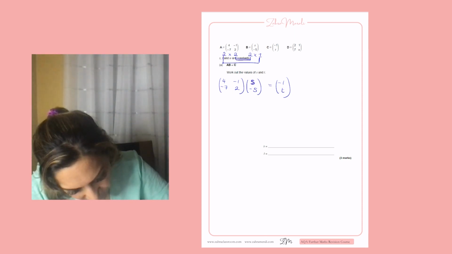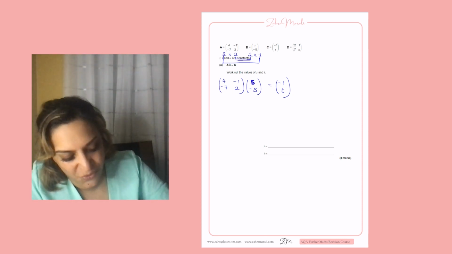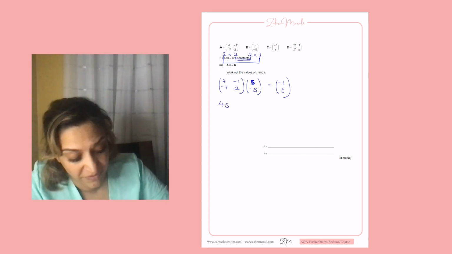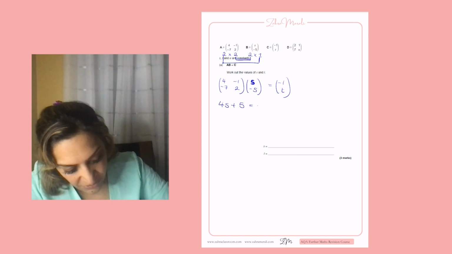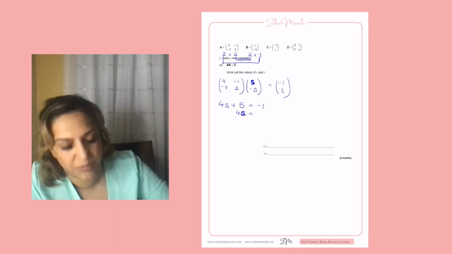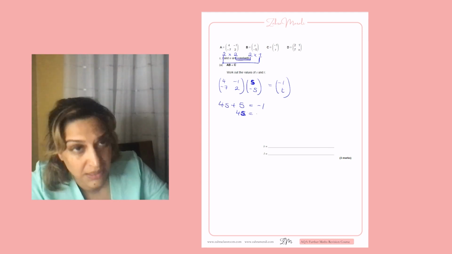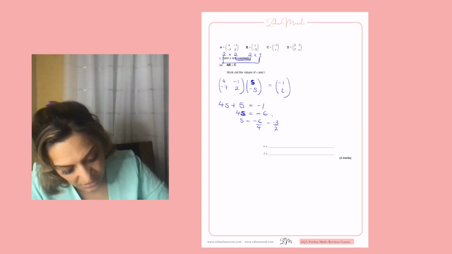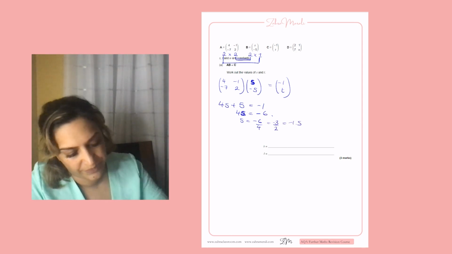Let's write that more clearly, s. So you've got 4s minus 1 times minus 5, making plus 5, equals minus 1. We can solve that quickly. Bring the 5 onto the other side, so we get minus 6. So s is minus 6 over 4, minus 3 over 2. You might have written it as minus 1.5.